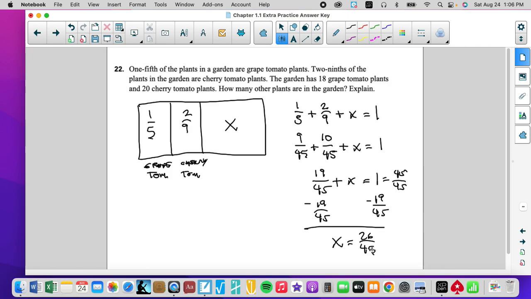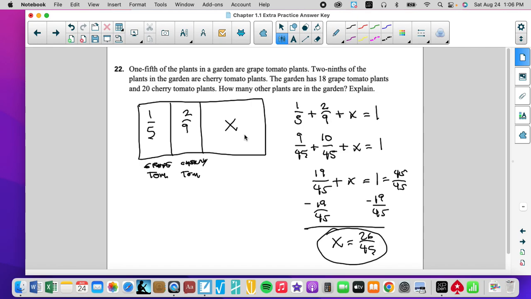13. No, you cannot. So how many other plants are... so this 26/45ths consist of... That's the space. So that's the fraction of it. So what are we going to... How many other plants are in the garden?